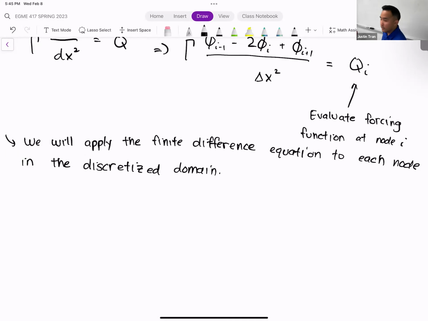And so you'll see that each node that we apply this finite difference equation to is going to give us one algebraic equation.